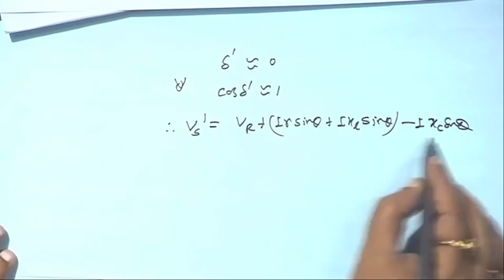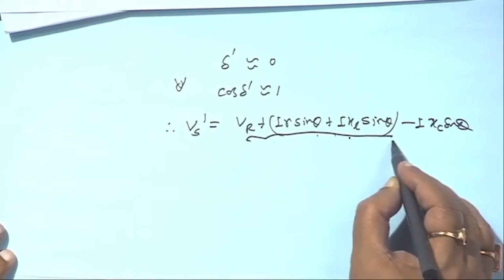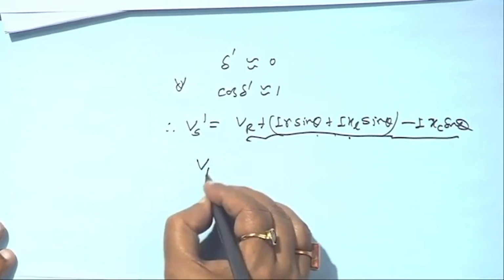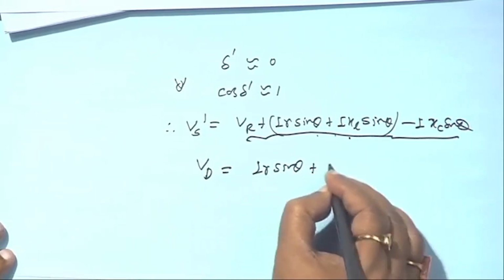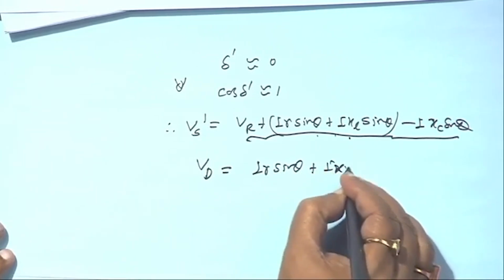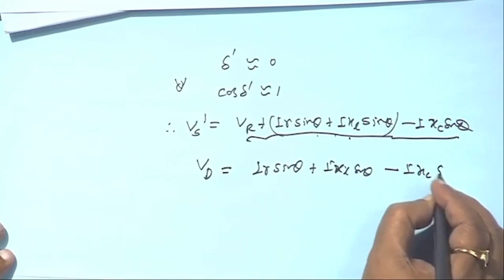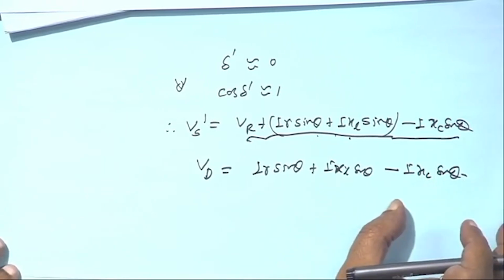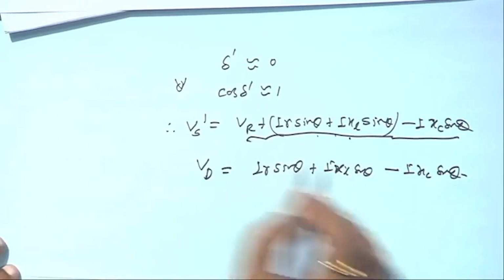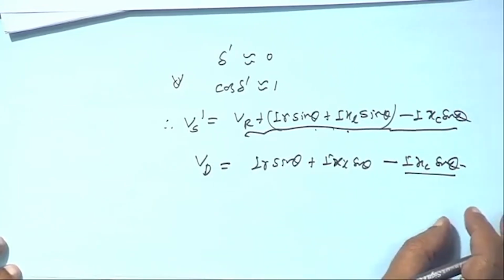That means earlier, without the series capacitor, this was the approximate voltage drop. Now the total voltage drop is equal to Ir sin theta plus IXL sin theta minus IXC sin theta. This voltage drop is equivalent to a voltage rise, right, because this much drop means this much voltage rise.